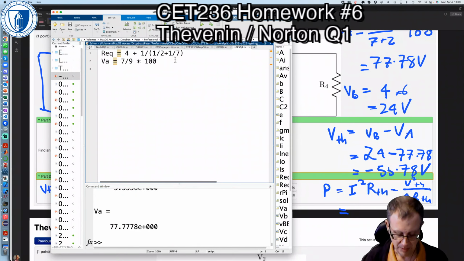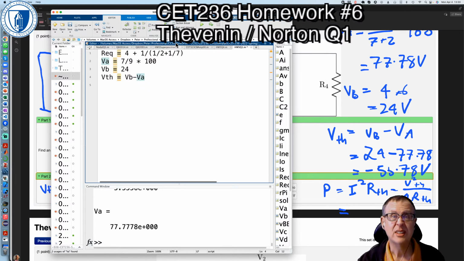So let's just put that VB in here. VB equals 24, and VTH equals VB minus VA. Let's just check that that gives us the right answer. Right, minus 53, looks good.